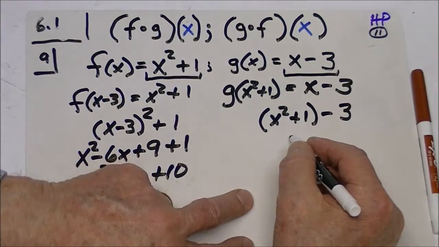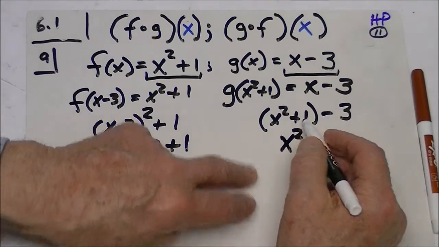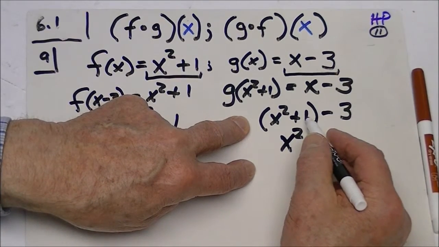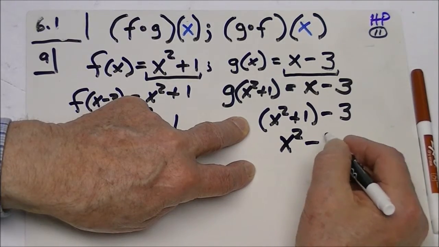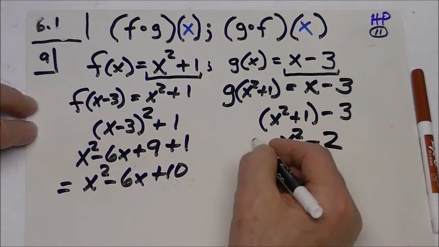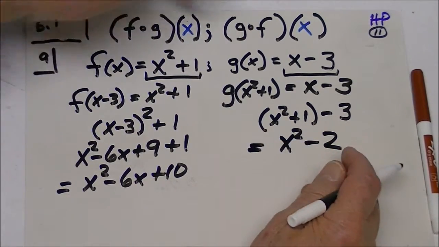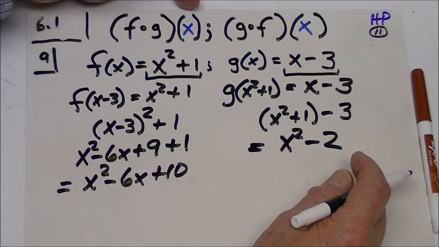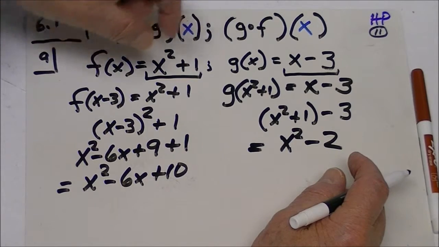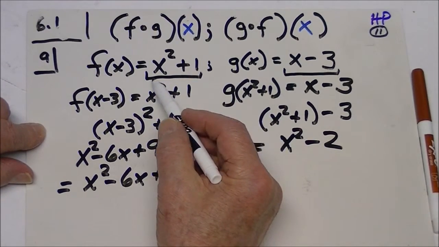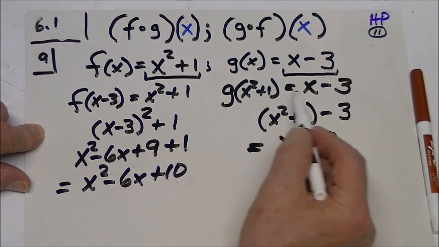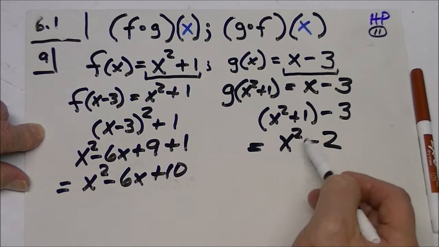So this then becomes x squared. You just get rid of the parentheses. And then 1 minus 3 is negative 2. So when g is composed of f, where we're solving for x, we take our f function, which is right there, substitute it for the x, and this is what we get.